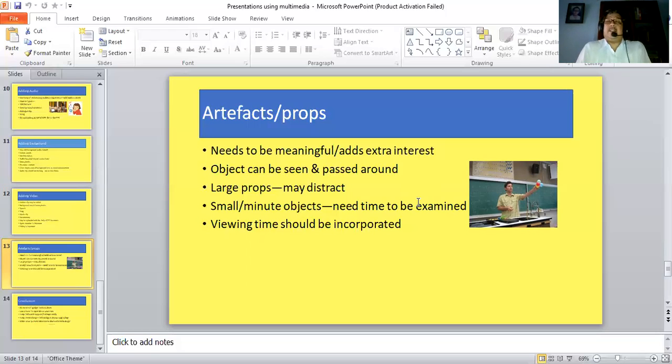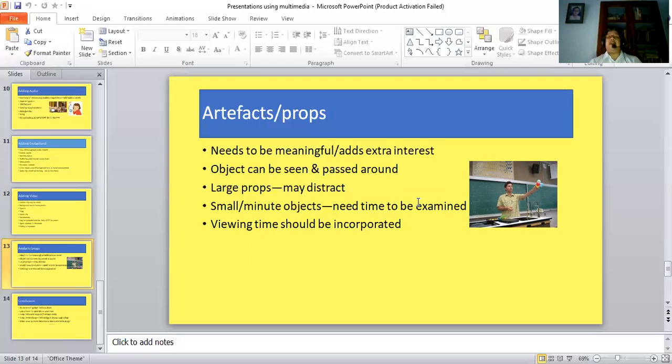Otherwise, what is the point of bringing it into the presentation? It will be quite irrelevant, and it will act as a kind of distraction for the members of the audience. So let's say that you're talking about hang gliding, and you have pictures of hang gliding, and you have a model of a hang glider, which you can show your audience. That will make it more interesting.